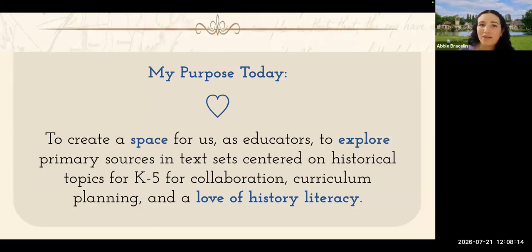We all know that in order to understand our world, we not only have to know what's happened in the past, but also how we can communicate what we've learned. And that takes place in reading and writing. So really, reading and writing are tools to learn.